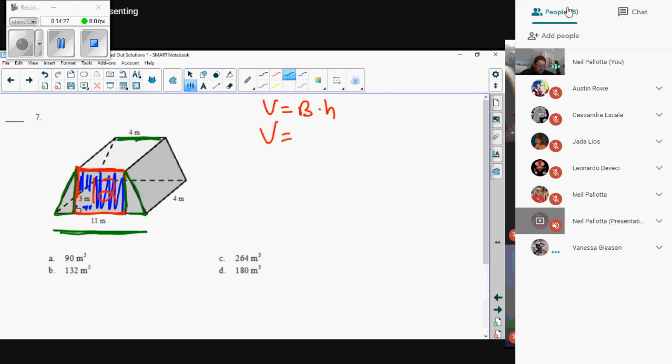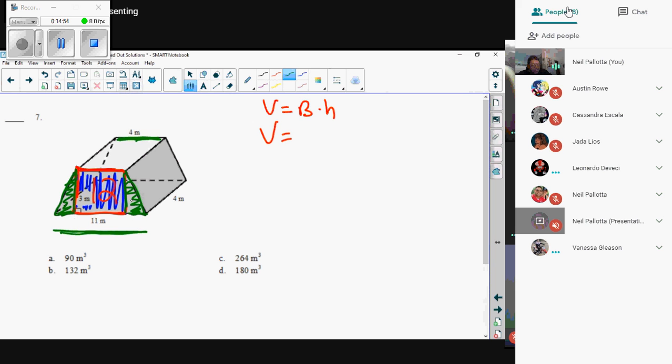What's 11 minus 4? 7. Right. So that would mean that if I want the area of this and this, it's actually going to be 7 times the 3 here. All right.